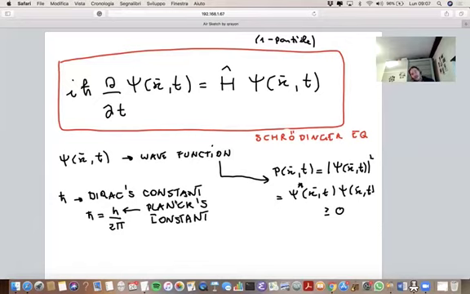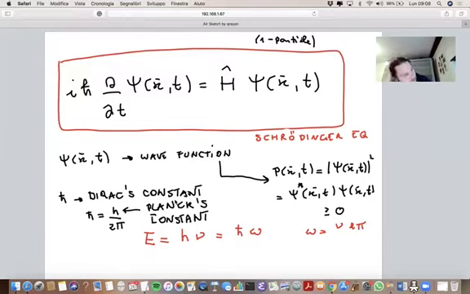We actually very quickly glanced through it when we decided the energy of a photon is supposed to be proportional to the frequency of the wave times the Planck's constant, which can also be rewritten this way, but omega is the pulsation, right?